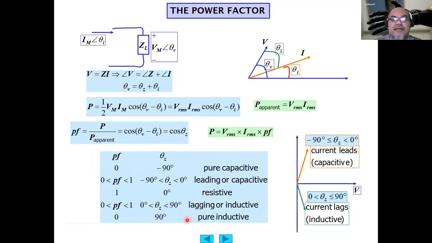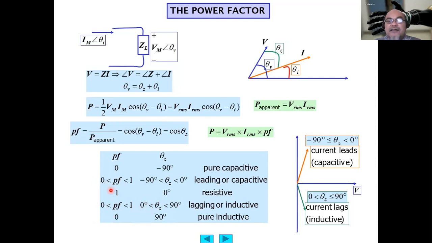So when we have a power factor of 1, as I mentioned, the voltage is in phase with the current, there is no difference between theta V and theta I, so theta Z will be equal to 0. So it is a resistive circuit. When the power factor is between 0 and 1, there are two possibilities.